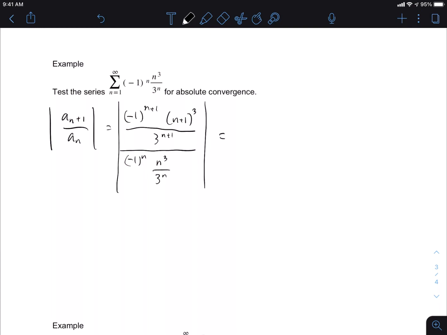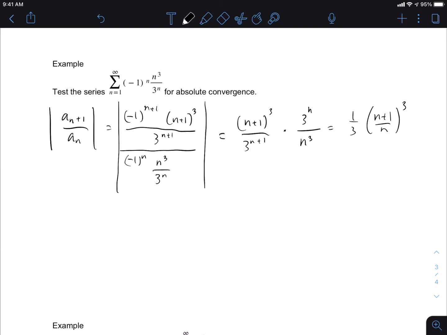So trying to clean that up, I'm going to get n plus 1 cubed over 3 to the n plus 1 times 3 to the n over n cubed. This will clean up to be 1/3 times n plus 1 over n, to the third.